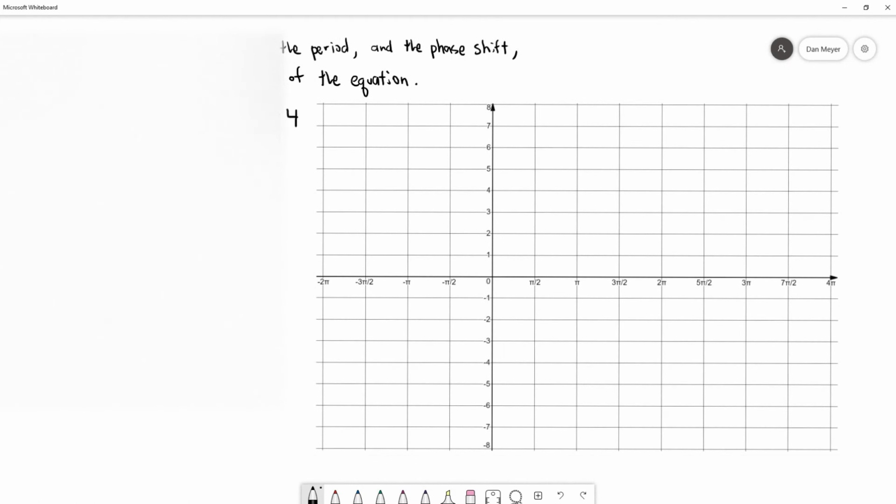And then the phase shift is negative pi divided by 4. That's it. All right, C divided by B was finally nice. All right, the phase shift is pi over 4.